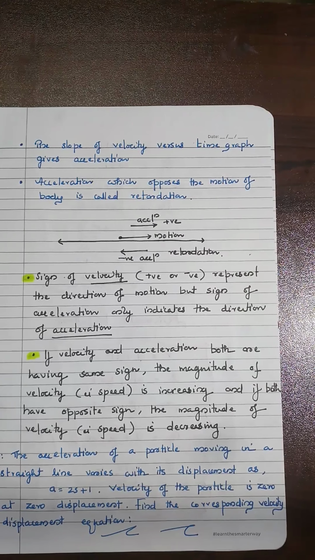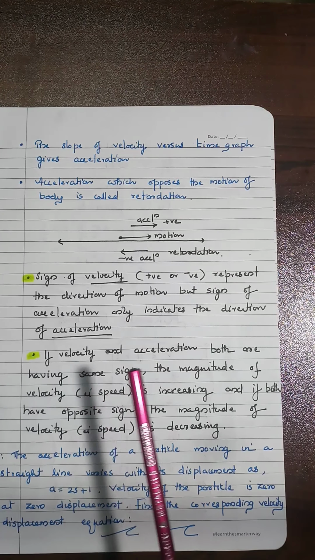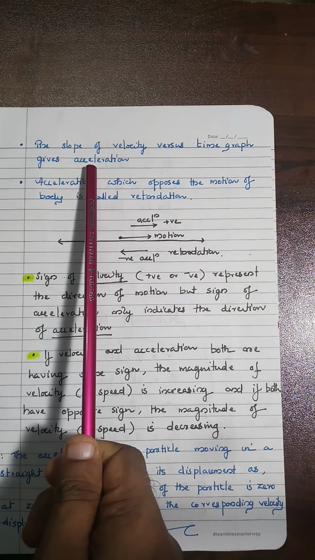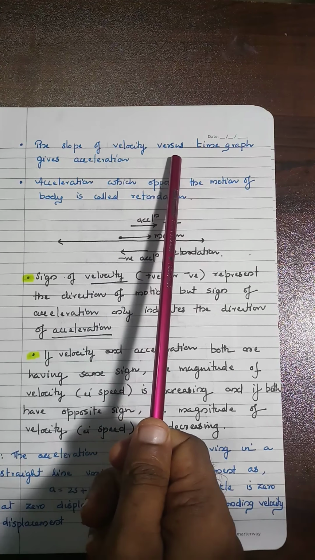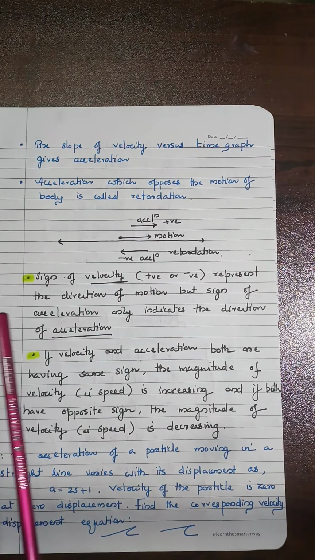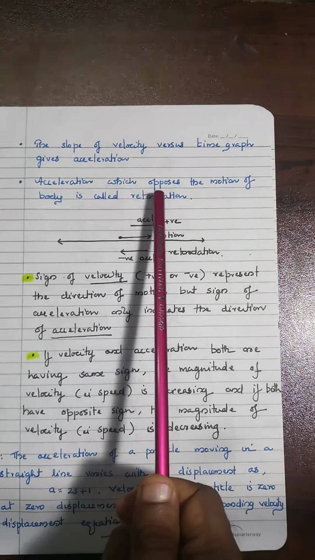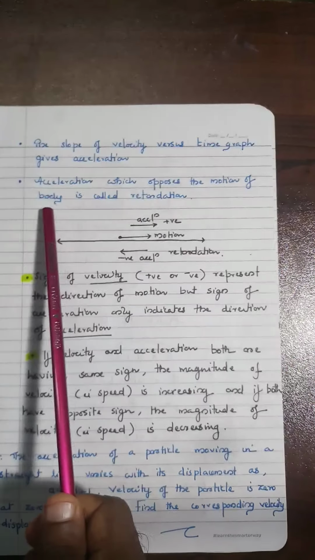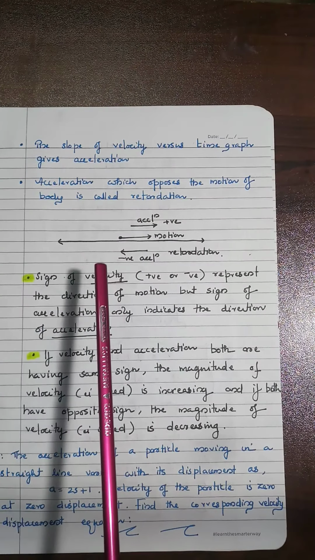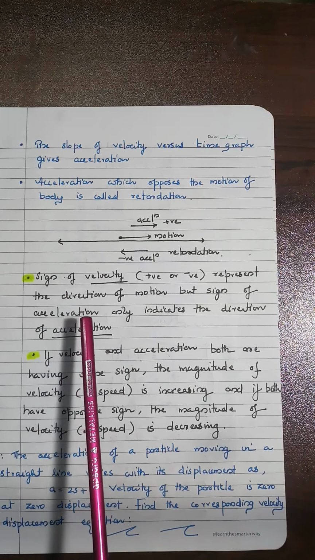And see some important points regarding average and instantaneous accelerations. The slope of the velocity versus time graph gives acceleration. The acceleration which opposes the motion of the body is called retardation. Its meaning should be so clear for you.